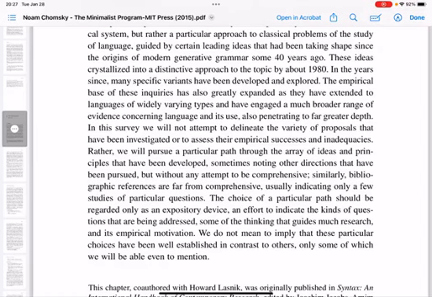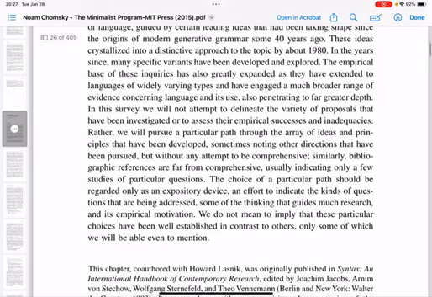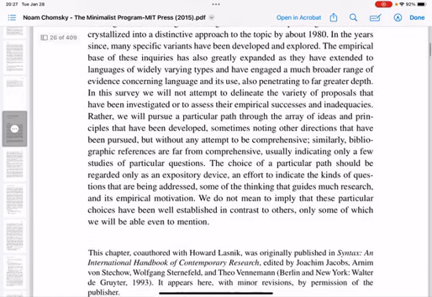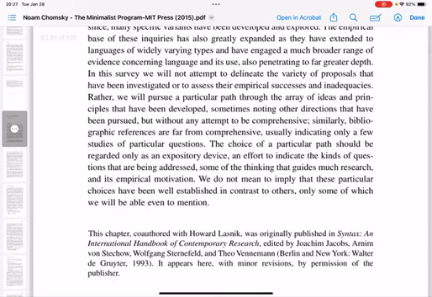The empirical base of these inquiries has also greatly expanded as they have extended to languages of widely varying types and have engaged a much broader range of evidence concerning language and its use, also penetrating to far greater depth. In this survey, we will not attempt to delineate the variety of proposals that have been investigated or to assess their empirical successes and inadequacies.